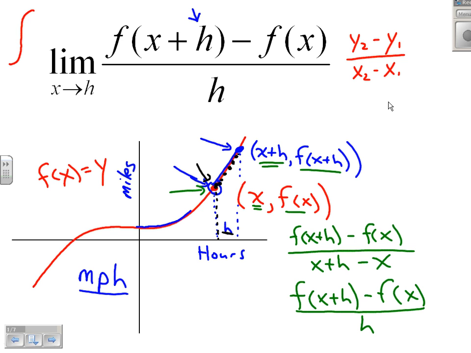Let's suggest for a second that this ordered pair right here actually turns out to be (4, 2). And if I use just the point (4, 2) and the point (4, 2) again, my slope would be 2 minus 2 over 4 minus 4. Yikes. We just got 0 over 0. But I'd like h to be 0.